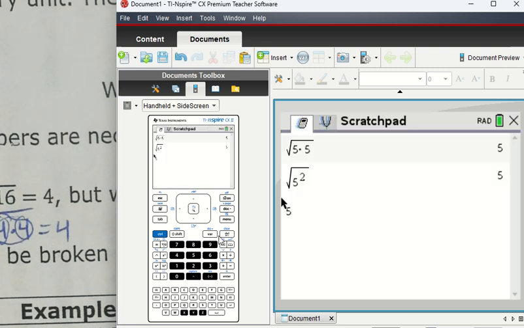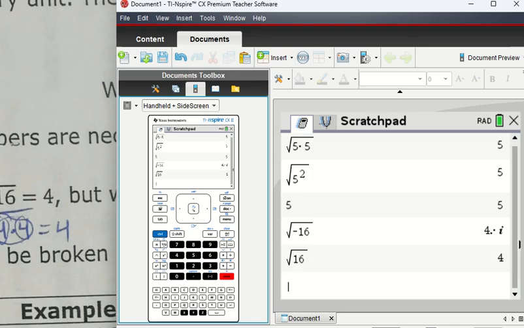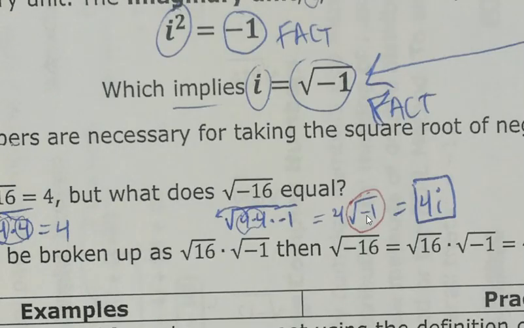So for example, if I type now the square root of -16, your answer will come out with a 4i. If I just type the square root of 16, then it will just be the number 4. So the i appearing in the answer meant that you had a negative on the inside of the radical because of the -1. So taking that out will make us write that i in the answer.